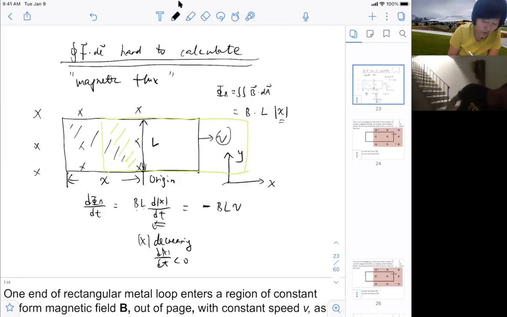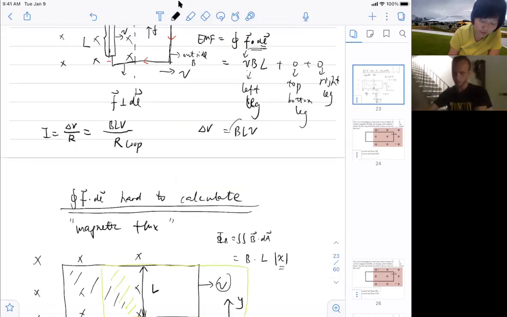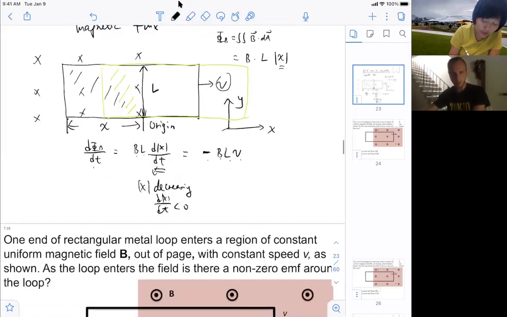So you can see the change of flux over time is negative V times L times B, which is exactly what we derived earlier, VLB. So it seems like the EMF can also be calculated by the negative d flux over dt, the change of flux over time. This is the EMF.